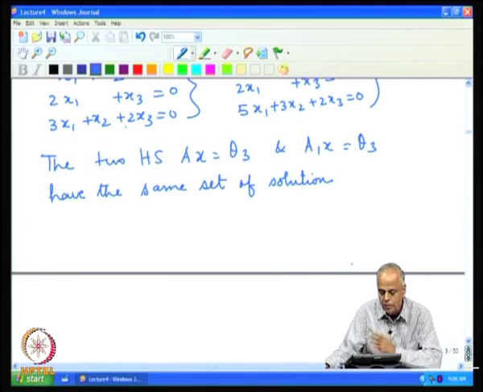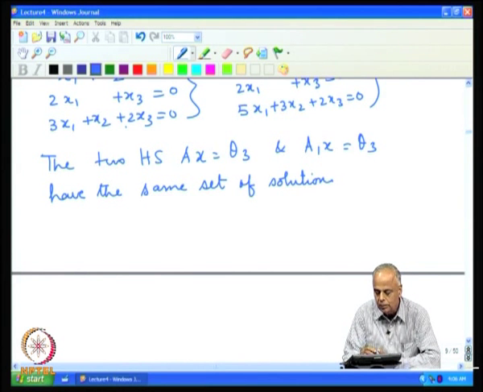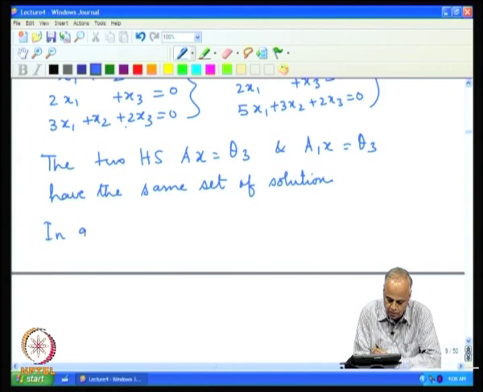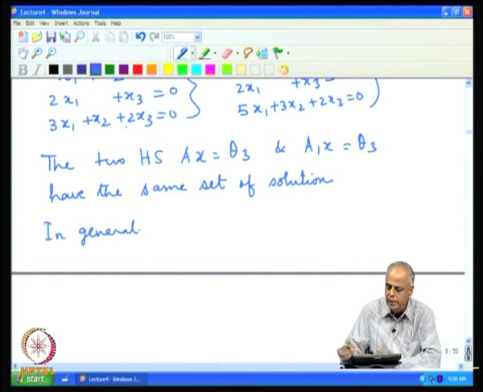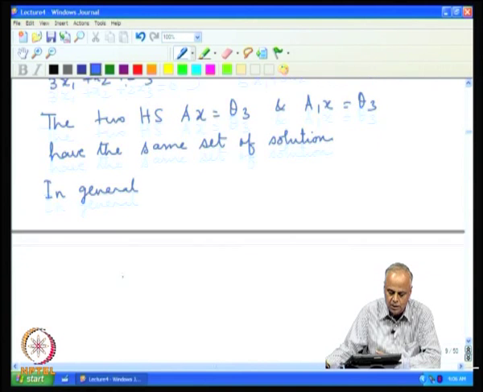Therefore, whether we solve Ax equal to theta 3 or A1x equal to theta 3. So, in general, analogously for any m by n matrix, we see that this is true.